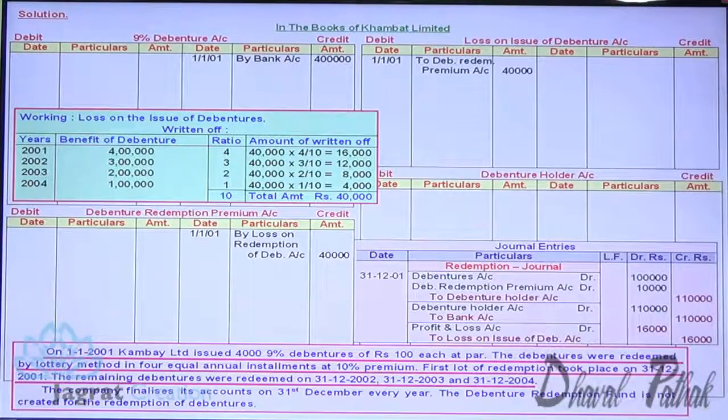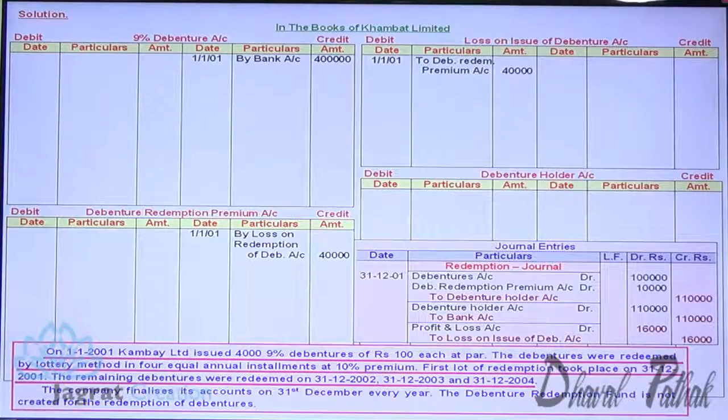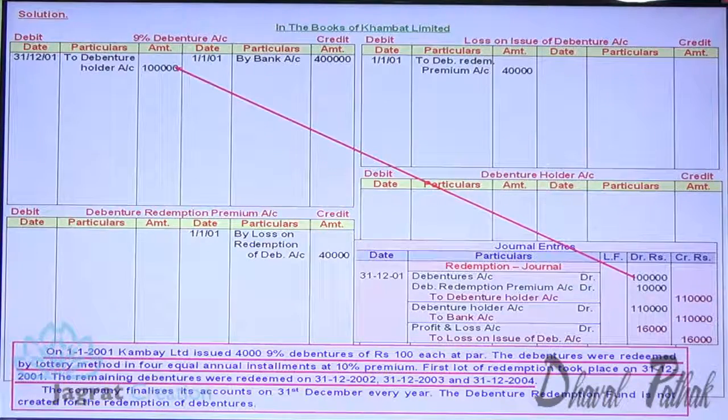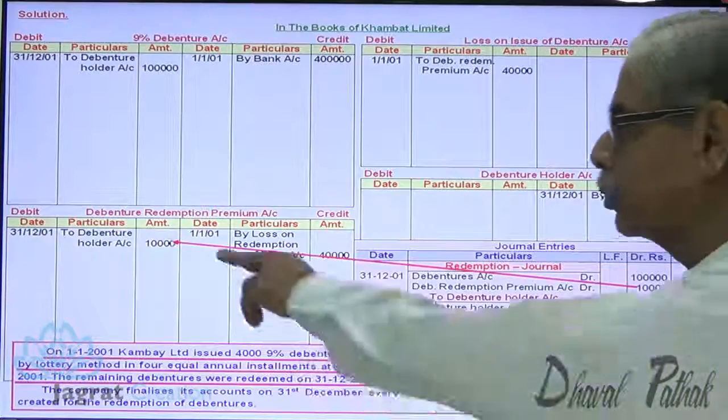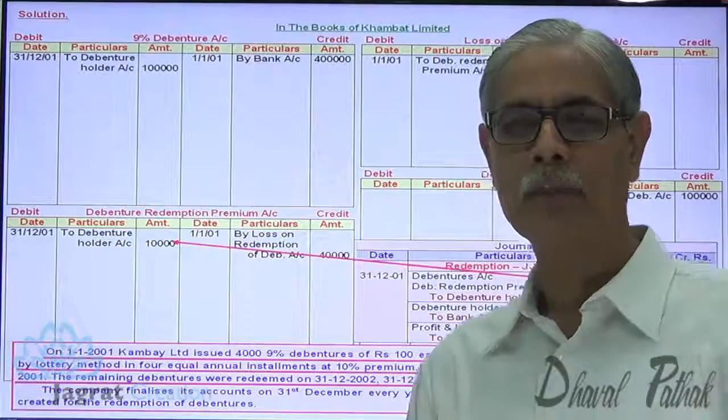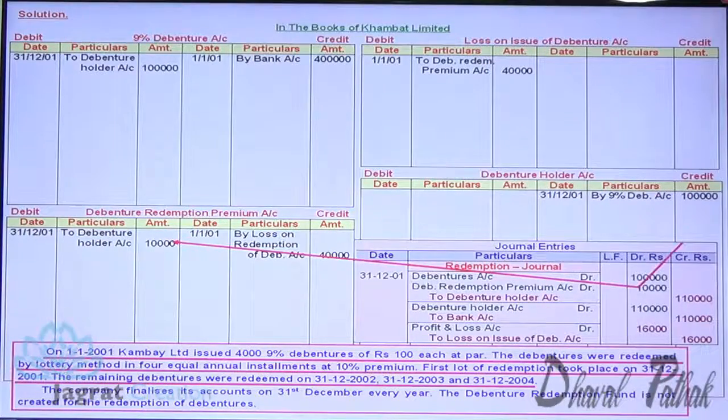Now let me go for the ledger posting. Write on the debit side of debenture account 1 lakh redeemed. The amount is payable to debenture holders, so write on the credit side of debenture holders account 1 lakh. Write on the debit side of debenture redemption premium account 10,000 out of 40,000 redeemed. Credit that amount to debenture holders account being payable, total 1,10,000.